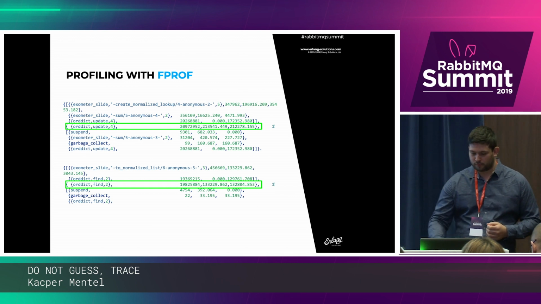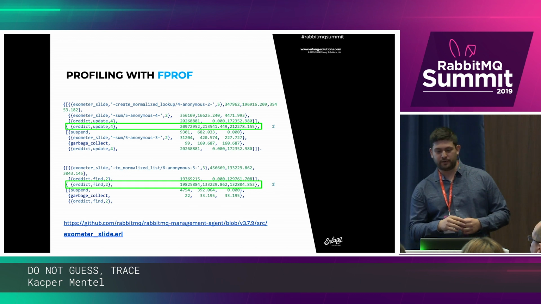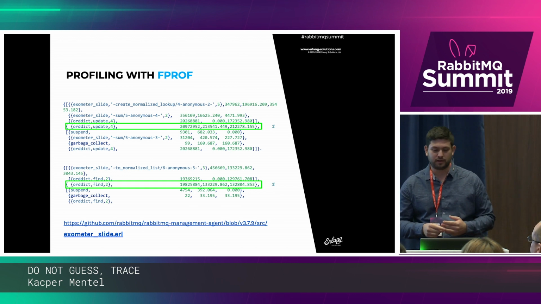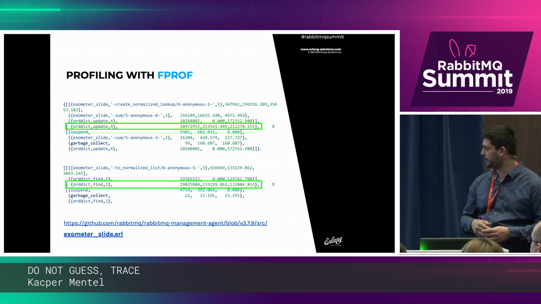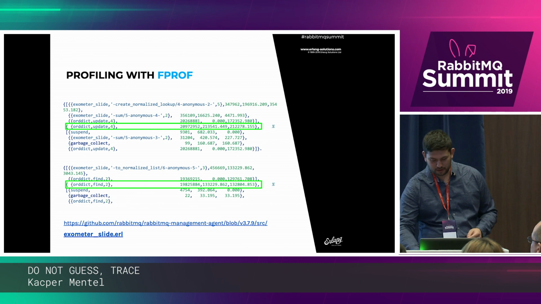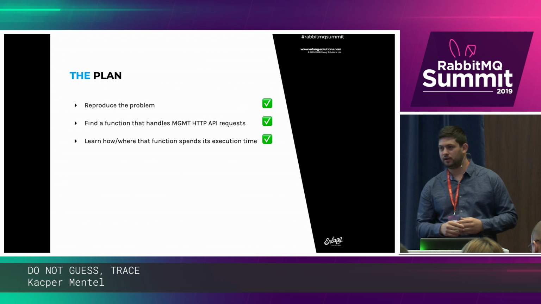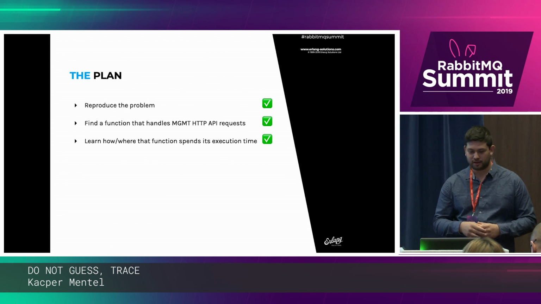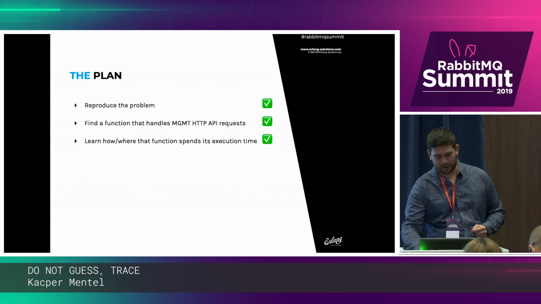This led us to the exometer_slide module from the RabbitMQ Management Agent plugin. If you check that module, you will find these functions and connections between them. So the third point from our plan is checked. We know where that function spent its execution time.